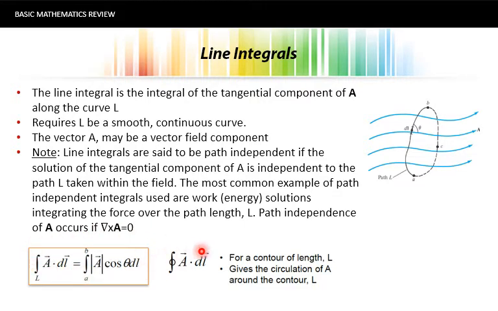Here is again the notation for the line integral. A·dl in closed integration represents, for a contour of length L, the circulation of vector A around the contour L.